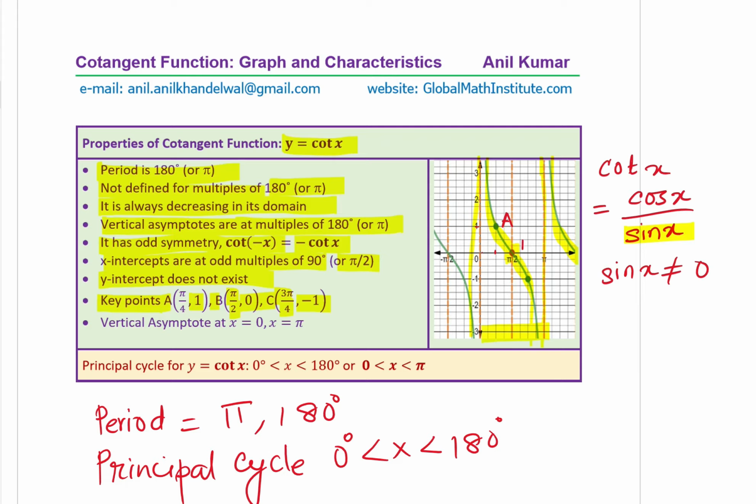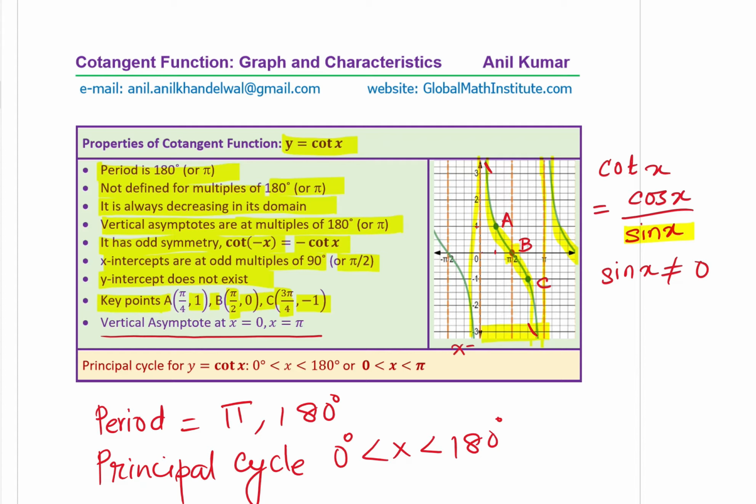Then we have the point which is the x-intercept at pi by 2, and then c, which is minus 1 at 3 pi by 4, right? So these are the three critical points which will be considered. The other 2 points will be approaching plus and minus infinity as x approaches 0 and 180. Perfect. So that gives us 5 things to consider. The other two, as I was saying, are the vertical asymptotes at 0 and pi, right?